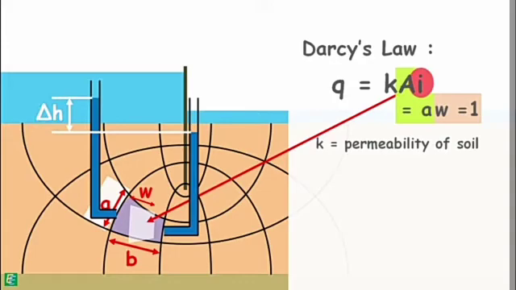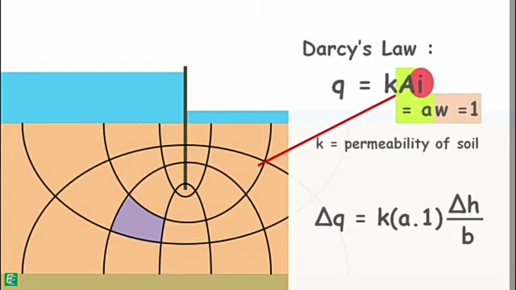By Darcy's law, the flow rate is q equals k times i times A, where k is the permeability of the soil, A is the area of cross section through which the water is flowing, which is a times the width w, generally equal to 1 meter, and i is the hydraulic gradient, the head loss over the length of flow.